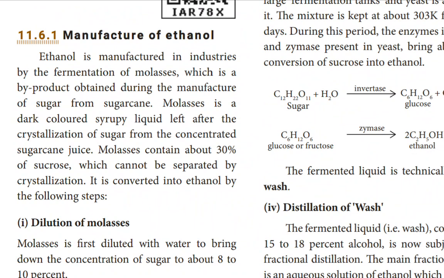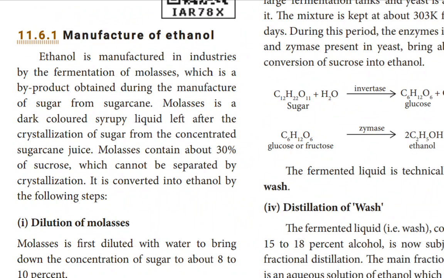This color is removed by the addition of calcium, which decolorizes it. Here some of the sugar juice is unconverted, not able to turn into sugar. That is taken for the manufacture of ethanol. So it is a dark colored syrupy liquid left after the crystallization of sugar from the sugar juice.